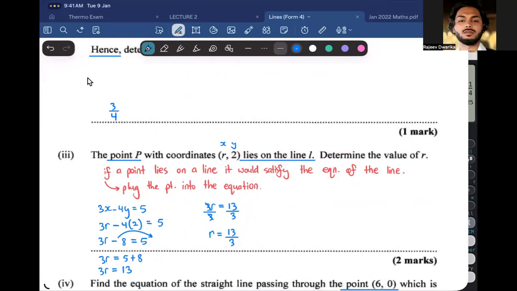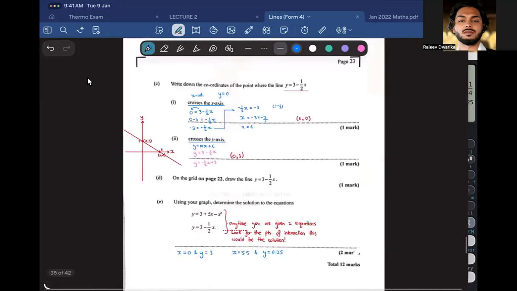I'll pull it up on the screen, right there. It would be to satisfy the equation of the line. If a point is on the line, it would satisfy the equation. And what I'm saying is you should probably plug the point into the equation. So tell me, what's my next move?